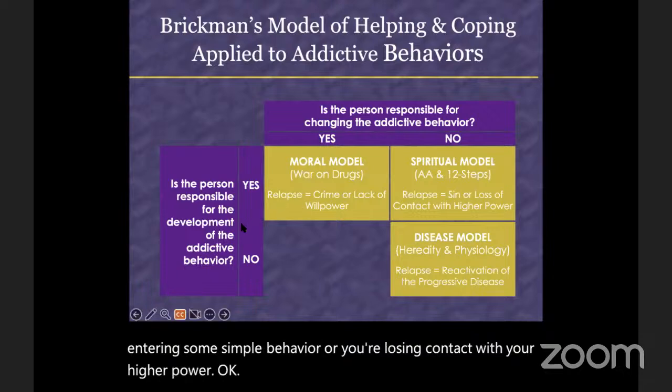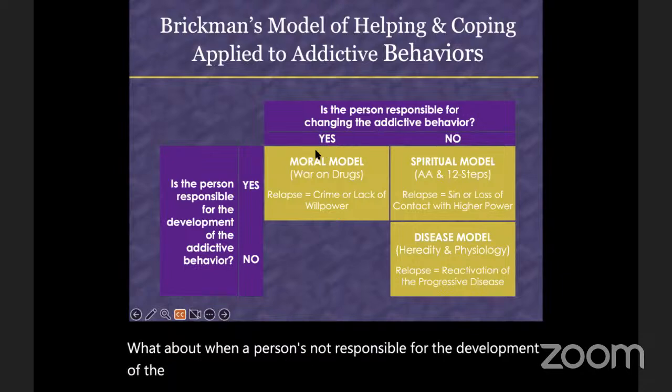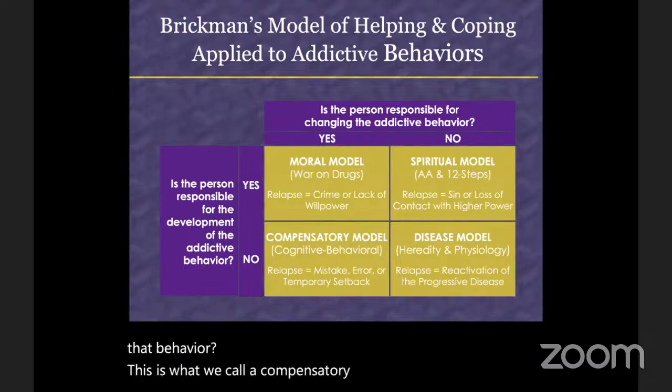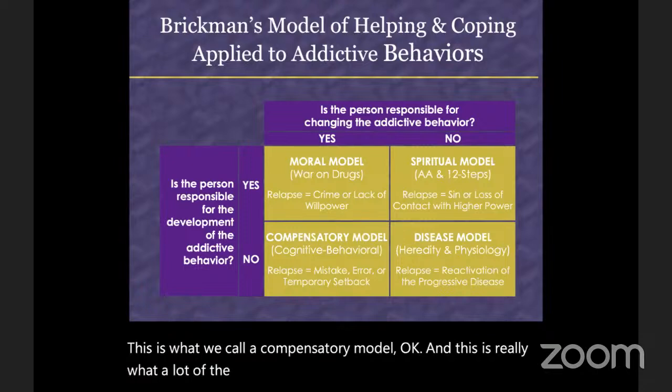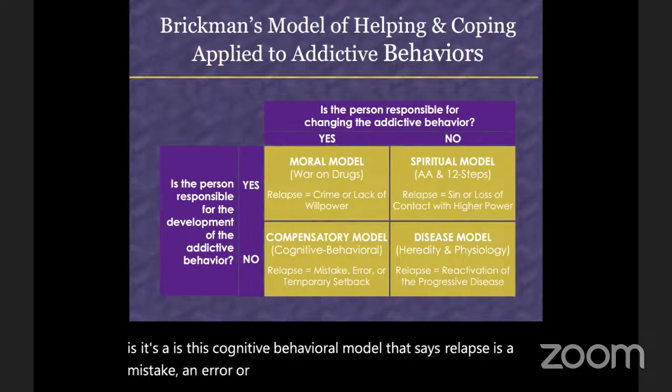What about when a person's not responsible for the development of the addictive behavior, but they are responsible for changing that behavior? This is what we call a compensatory model. And this is really what a lot of the relapse prevention programs are based on, the cognitive behavioral model that says relapse is a mistake, an error, or a temporary setback.